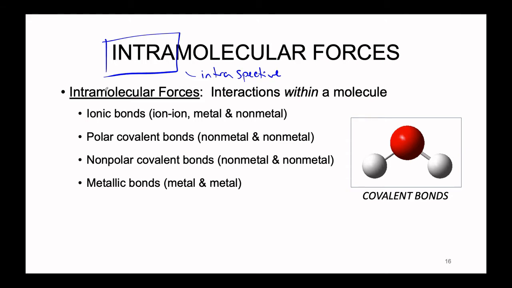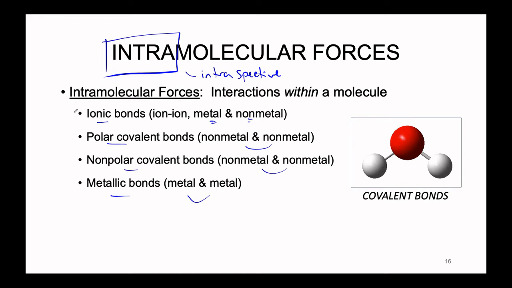The different types of intramolecular forces that we've talked about so far are ionic bonds. These occur between two different ions, or a metal and a non-metal, as they come together. We have discussed polar covalent and non-polar covalent bonds, which arise from the interactions of non-metals with non-metals in both cases. And last but not least, we have somewhat in lab addressed what metallic bonds are, which is a combination of a metal and a metal coming together.